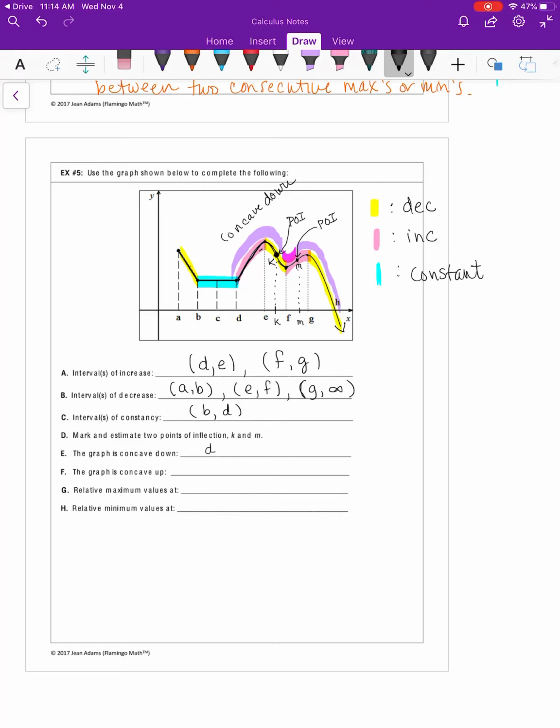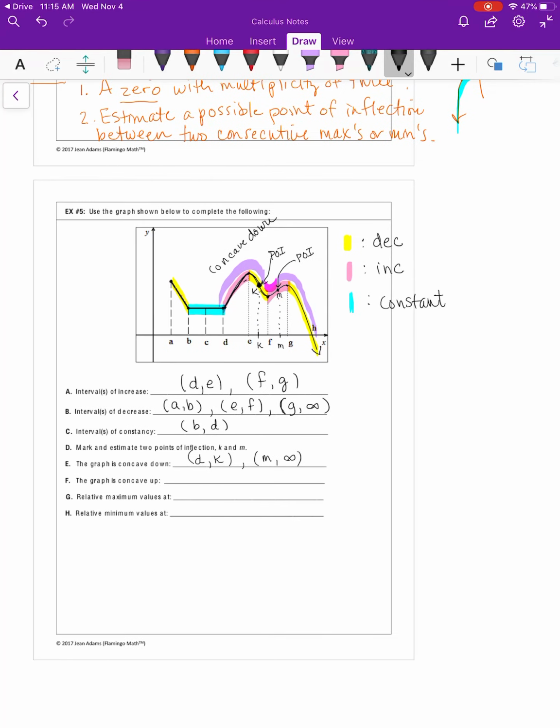It would have a different Y value, but I labeled them up there so we could follow them down. So from D to K we have concave down, and from M to infinity we have concave down, if we assume that it goes to infinity. The graph is concave up from K to M.